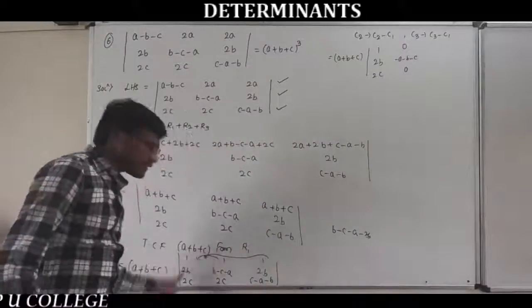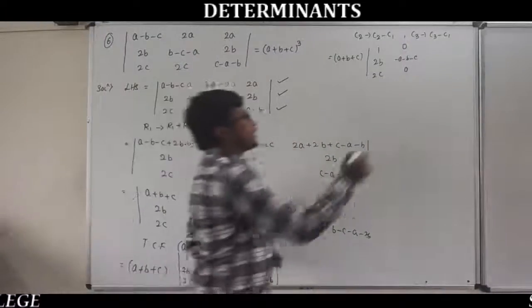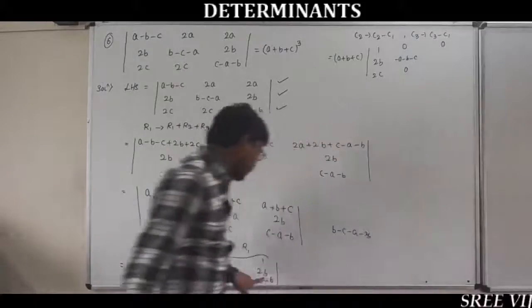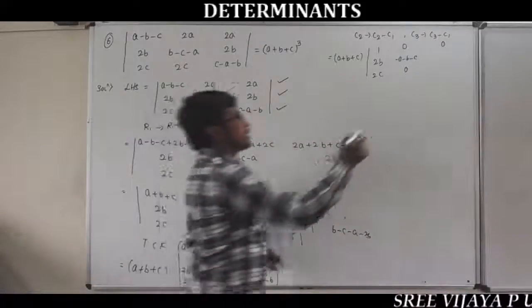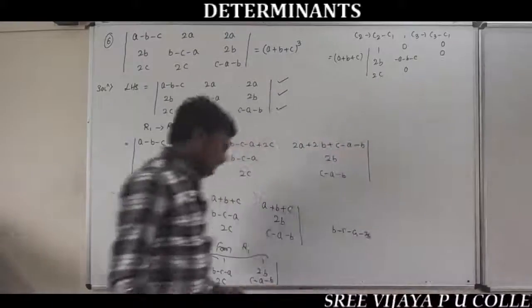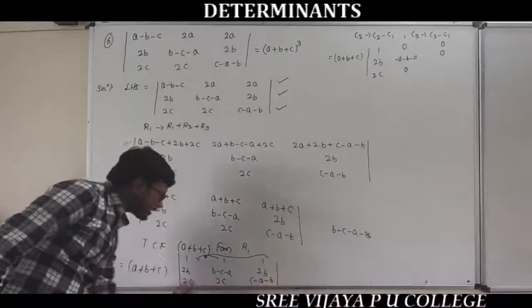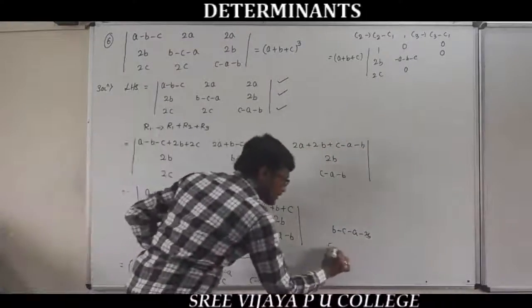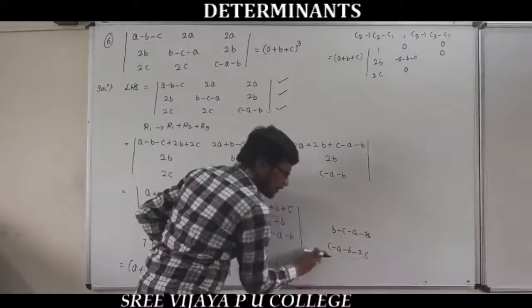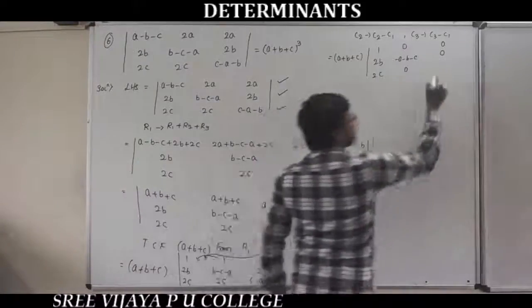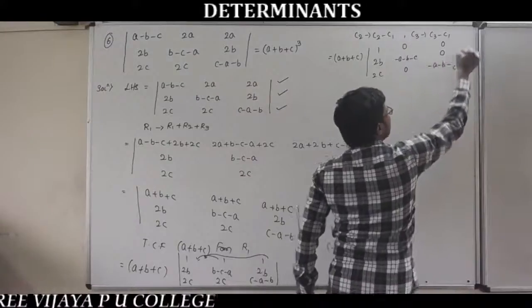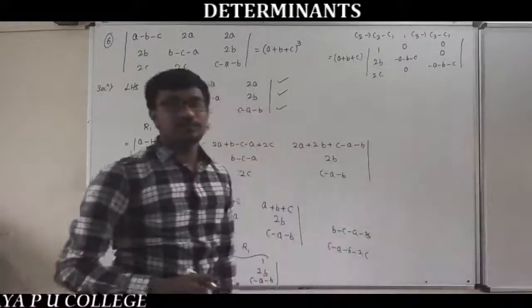Next, column 3 minus column 1. 1 minus 1 is 0. Then 2B minus 2B is also 0. Next, C minus A minus B minus 2C is C minus 2C minus C, so again we get minus A minus B minus C.